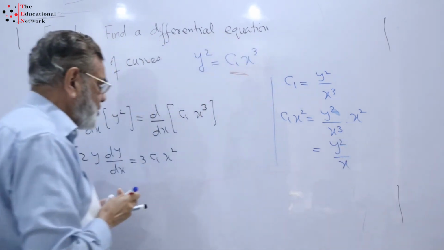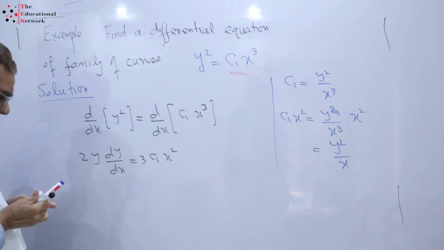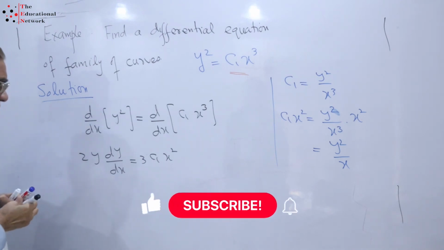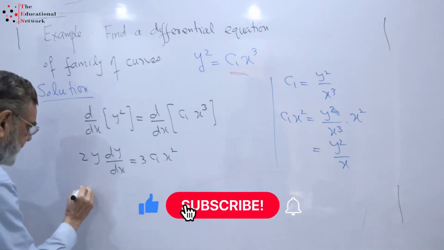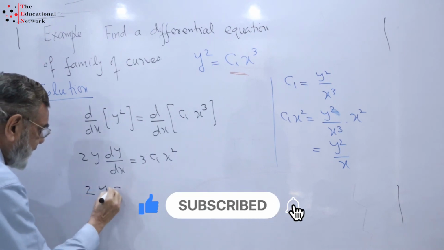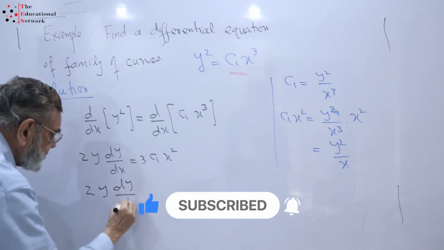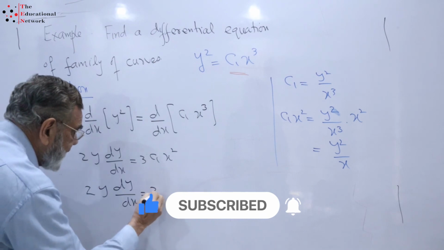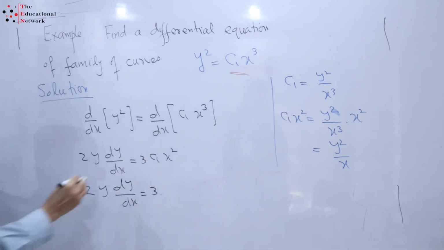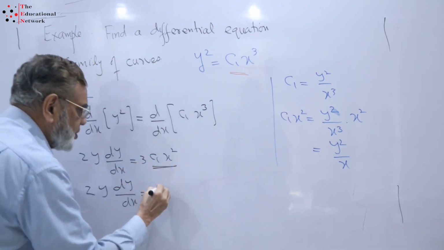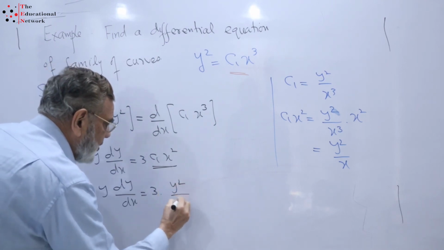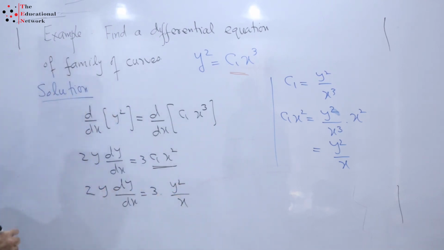So I substitute the value of this c1 x square in this equation, and we can rewrite this one. I get 2y dy by dx is equal to 3 times, now the value of c1 x square is y square over x. Now we can take this value to the other side.